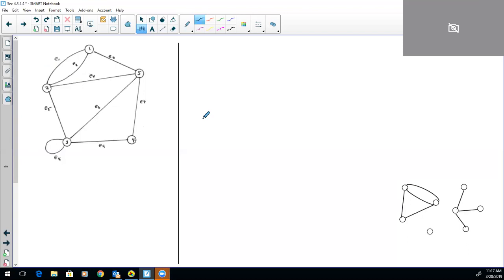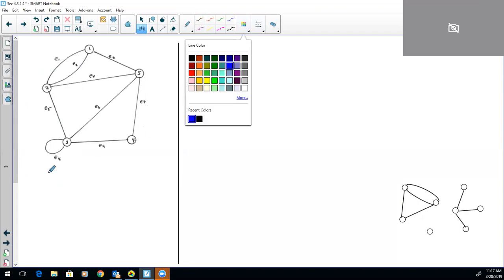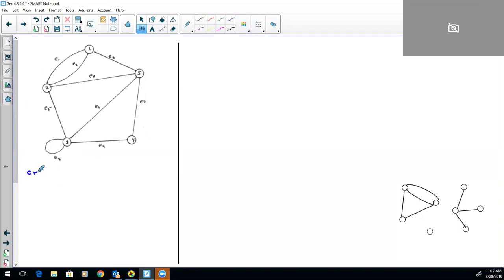Here's the old graph I introduced earlier. Okay. It's got the 5 vertices and 9 edges as listed here. So here's an example of a circuit. Let's do different colors for a second. Okay. Circuit would be something like, well, it could be 5 to 2.